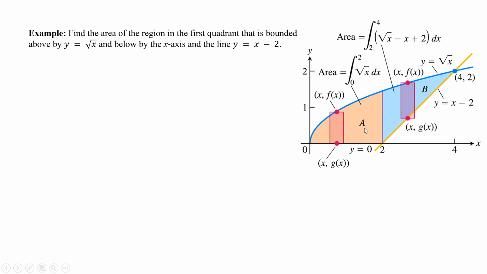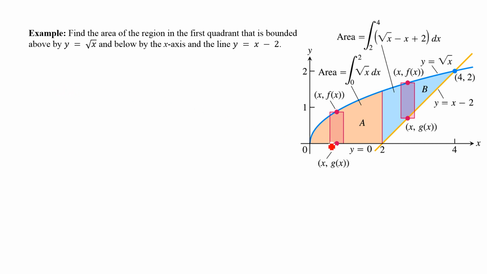You can visualize it, and you can decide what to do. If you don't draw, you won't be able to visualize this type of region. So make it a rule that in order to find the area between curves, you have to draw the curves first, and then use the formula given by the theorem we just saw.